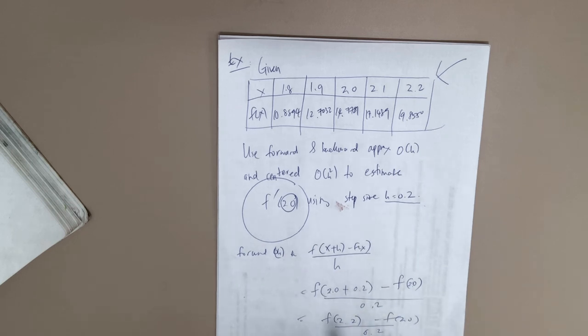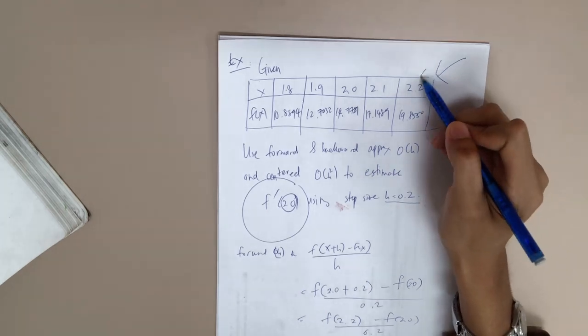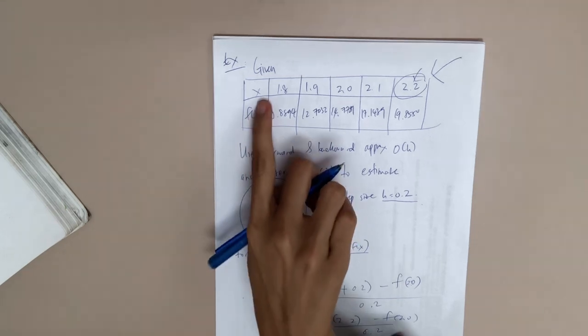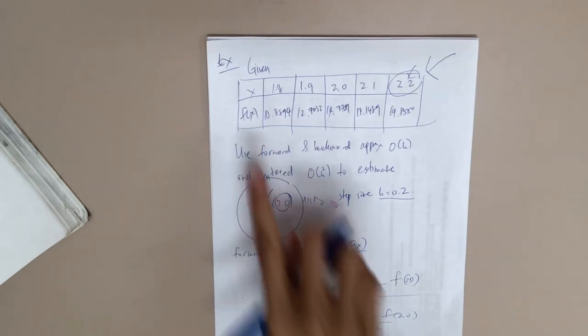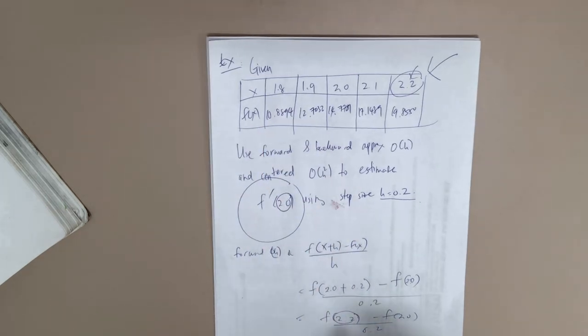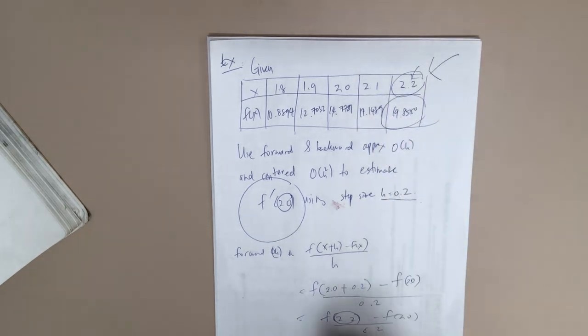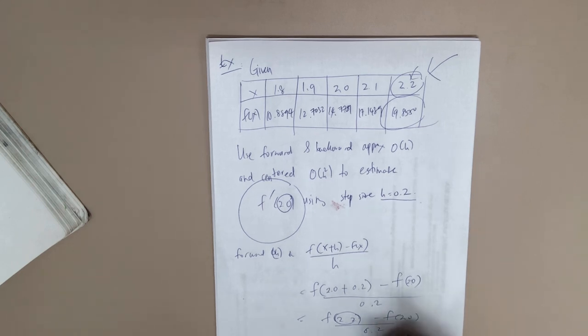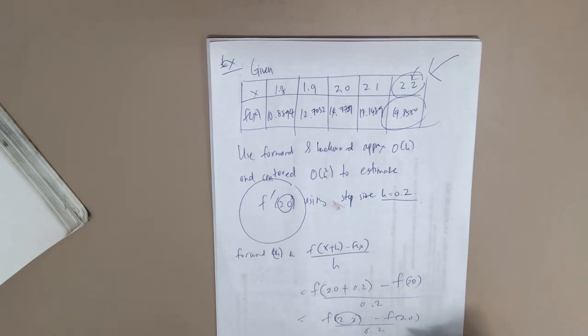For example, here f(2.2), right? So you can see that when x is 2.2, this one, this is x, this is f. So x is 2.2, x is inside there. So what is f(2.2)? f(2.2) is this one. So 19.8550 minus f(2.0).